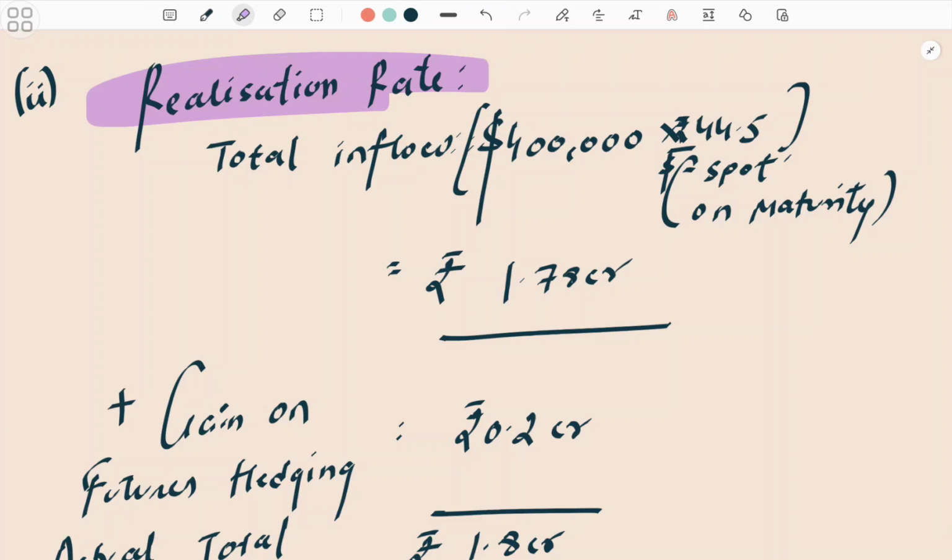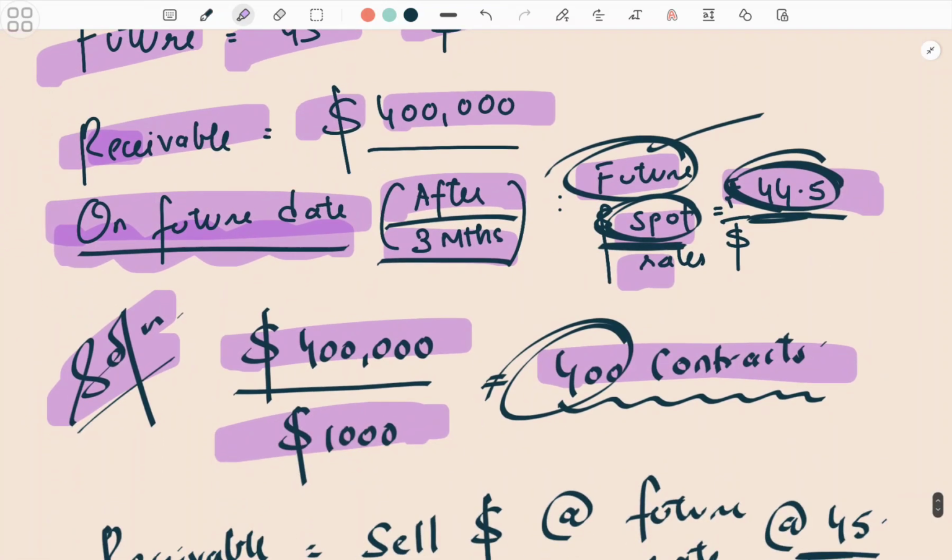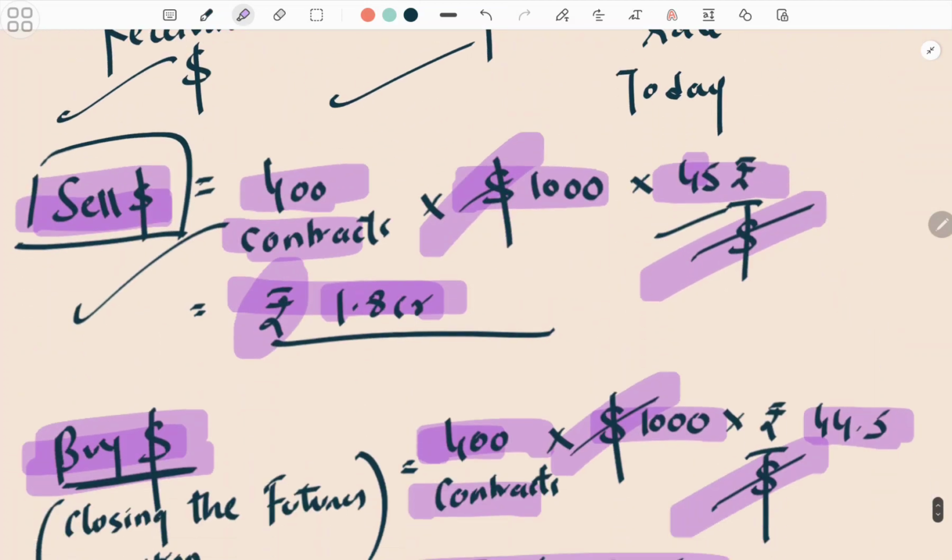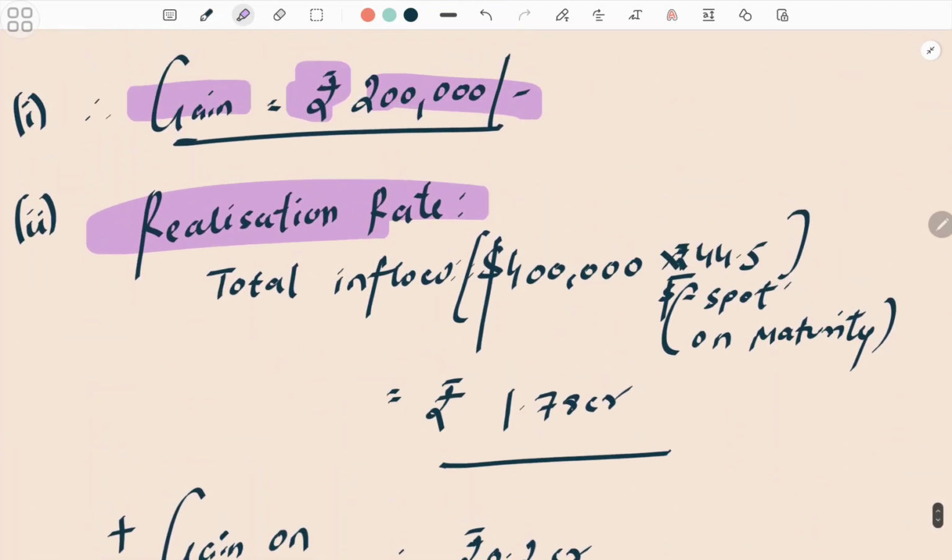What was the rate at spot after 3 months? After 3 months, the spot rate was 44.5, correct? So I will sell these $4 lakh that I have in my pocket, because ideally I'm not supposed to keep these dollars with me as per the FEMA regulations, right? I will sell these for rupee.